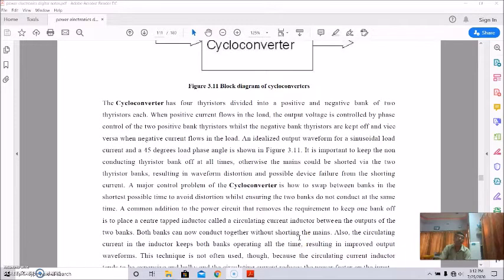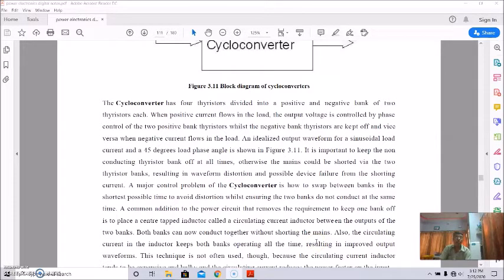A common addition to the power circuit that removes the requirement to keep one bank off is to place a center tapped inductor, called the circulating current inductor, between the outputs of the two banks, and both banks can now conduct together without shorting the mains.